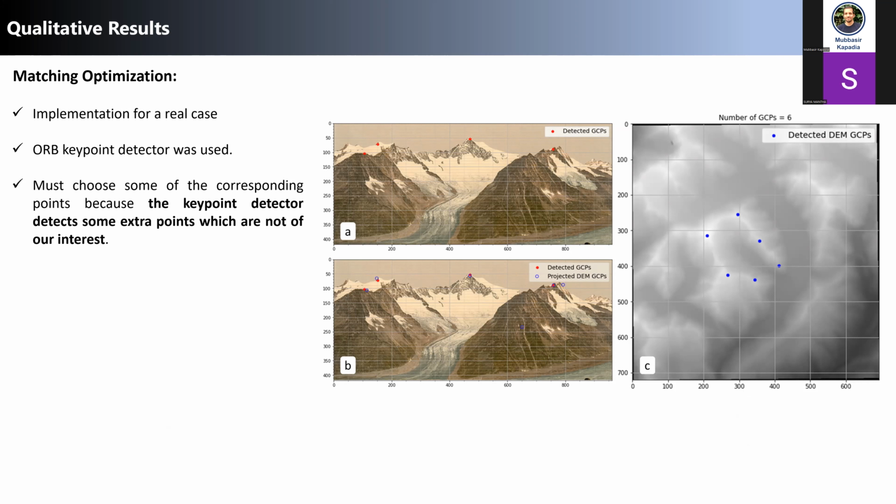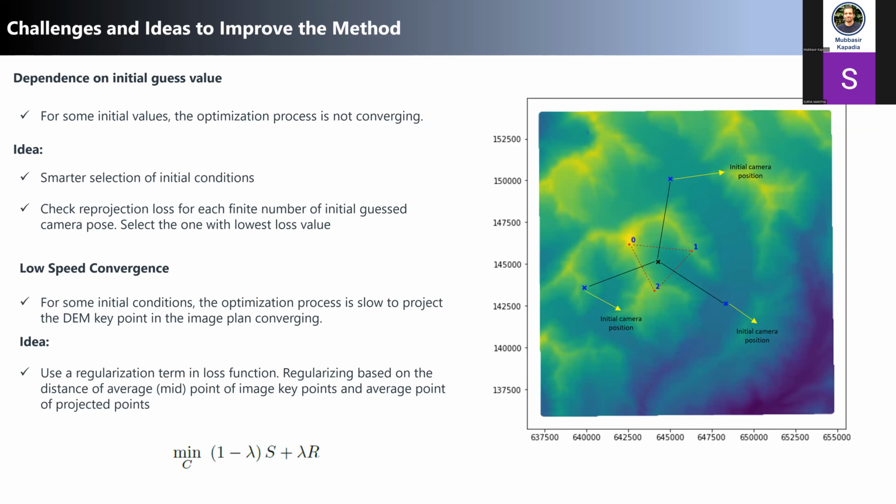I had a challenge with the existence of extra key points that the detectors found. I had to manually choose some of the important key points in both image and DEM. I had some challenges, and I developed some ideas to improve the method.